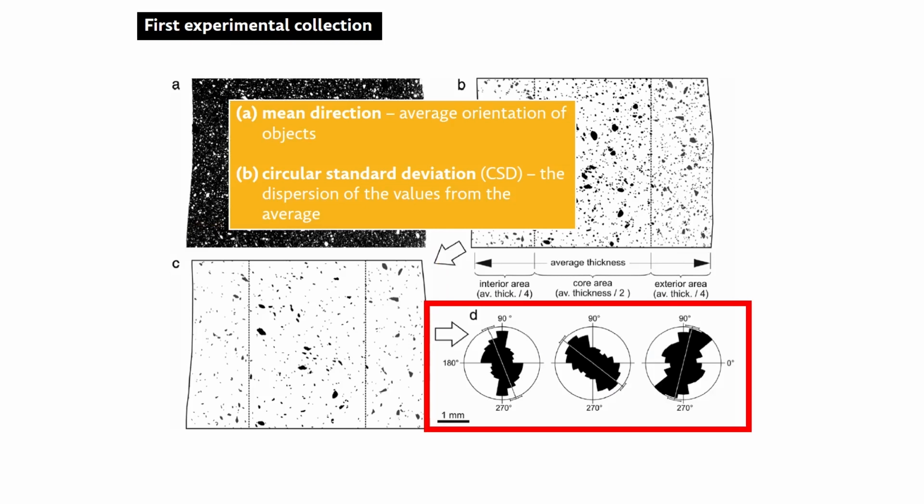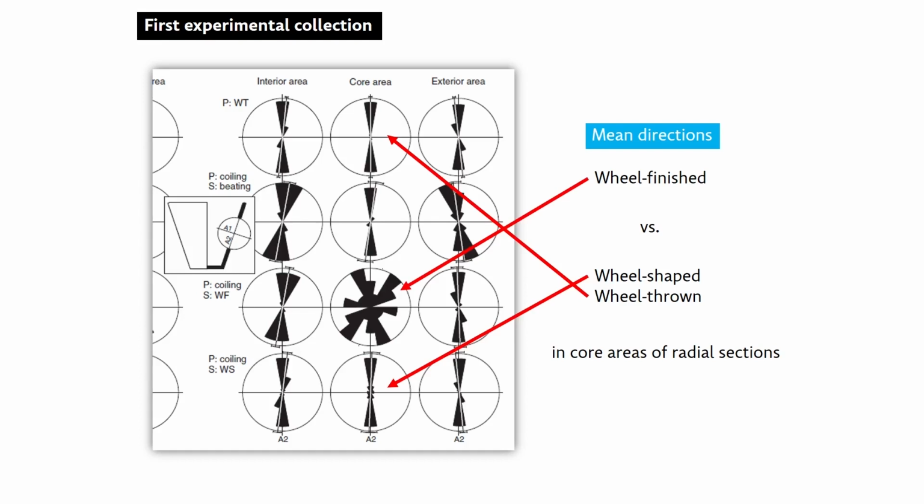The object orientation is represented by 2 basic descriptors: mean direction, which represents average orientation of objects, and circular standard deviation, which represents the dispersion of the values from the average. In the first experimental collection, we found several significant markers distinguishing wheel finishing, wheel shaping, and wheel throwing as basic levels of contribution of rotational movement in pottery forming.